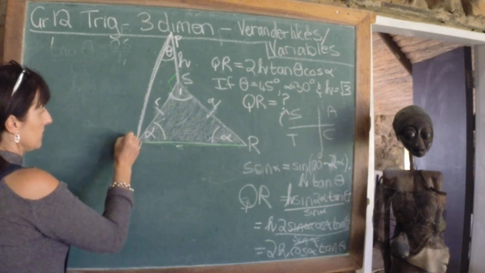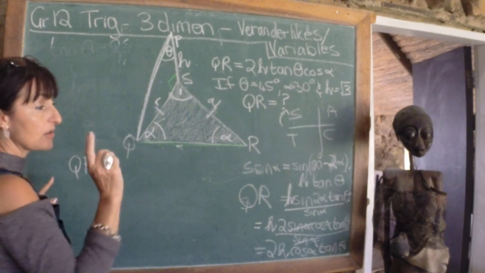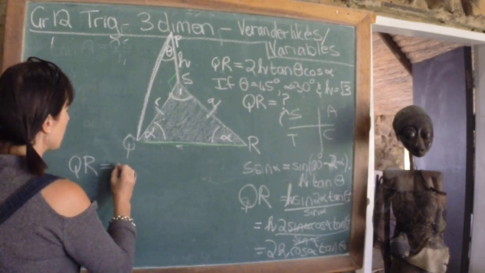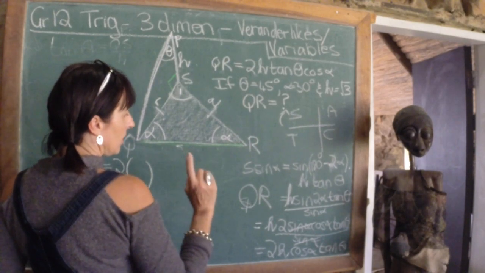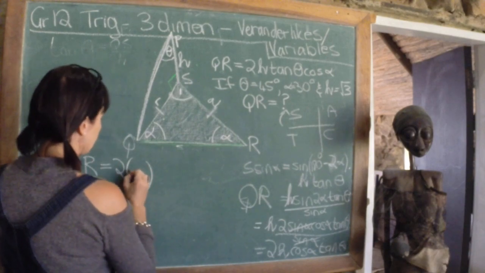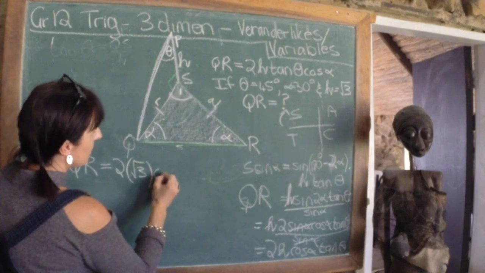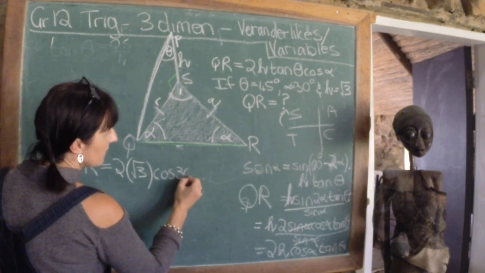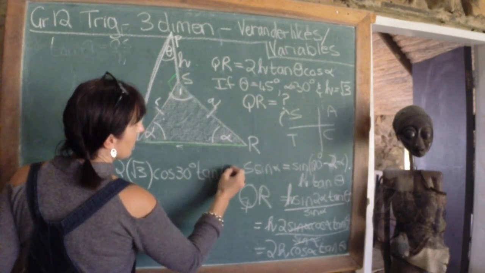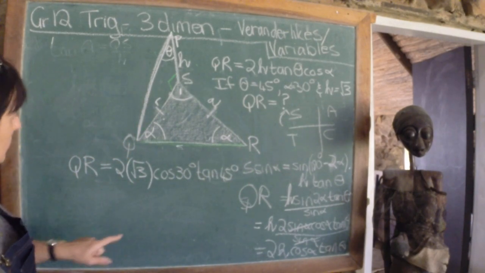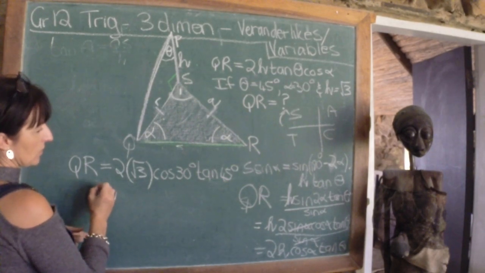So kom ons gaan kyk. Ons gaan nou in QR, en hulle het gesê jy mag nie 'n sakrekenaar gebruik nie, without using a calculator. So it's 2h. Kom ons vervang vir h wortel 3. Okay. Then it's the cos of alpha, cos van 30, dan tan van theta, and now I can use my special angles to determine QR.